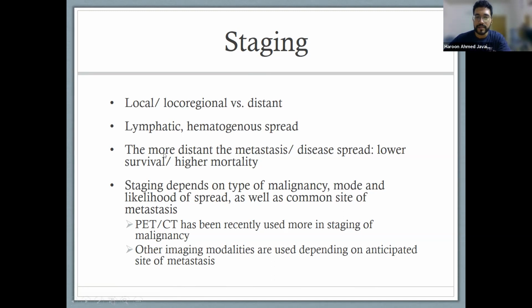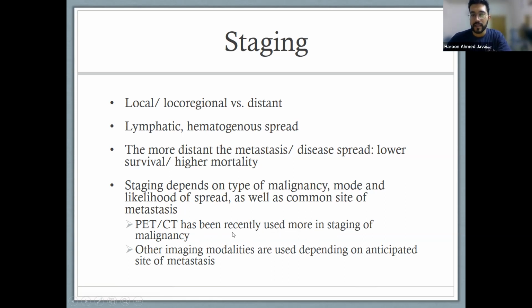Okay, so again, we want to know if it's lymphatic versus hematogenous. So we know this by the different organs and the type of cancers that are usually there. If it's more distant metastasis, it's more deadly, so higher mortality or lower survival. Yeah, so over here they say that it's recently being used more often, right?